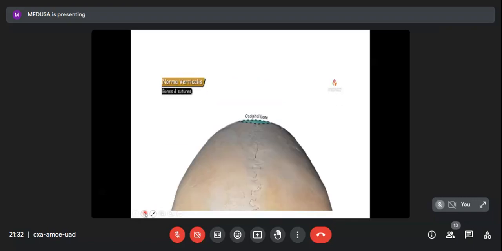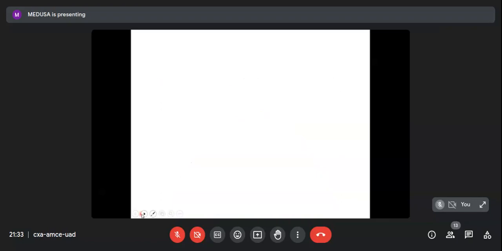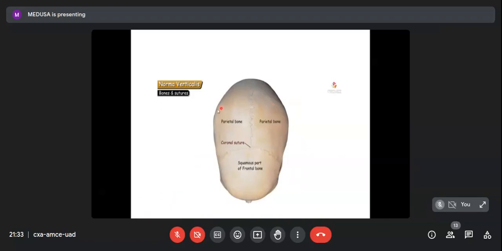Then we have this small part down here on top, which is part of the occipital bone. So the parietal bones, frontal bone, and part of the occipital bone make what we call norma verticalis. Now you can even see the sutures.